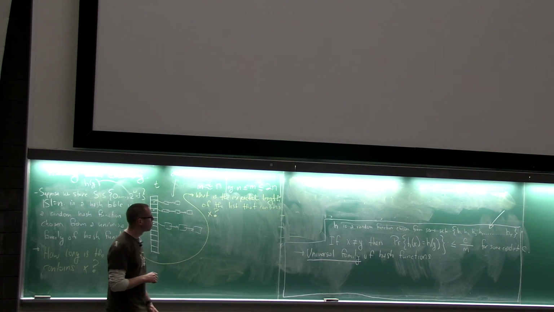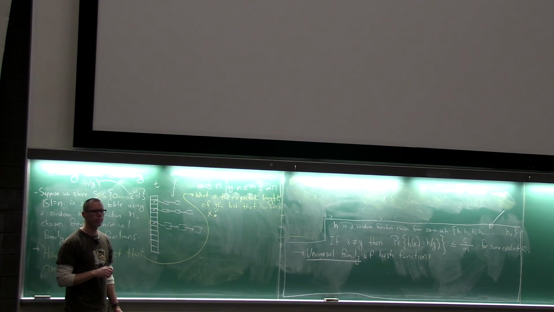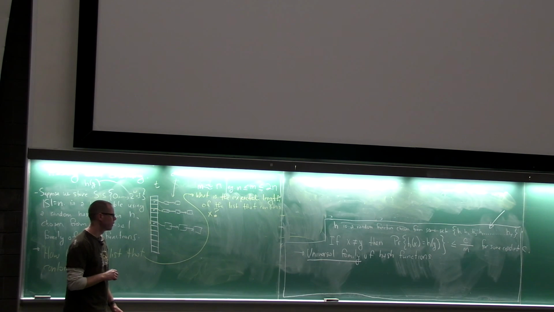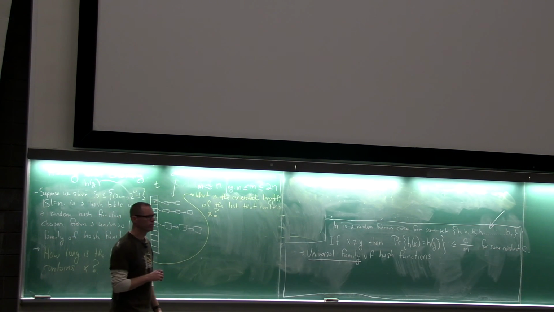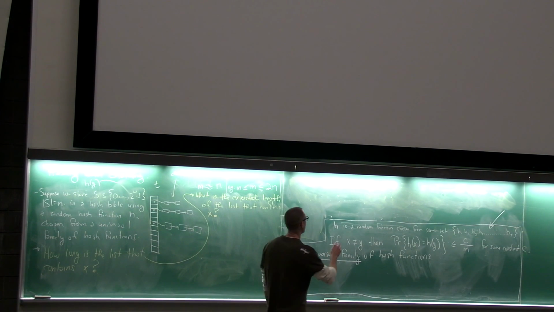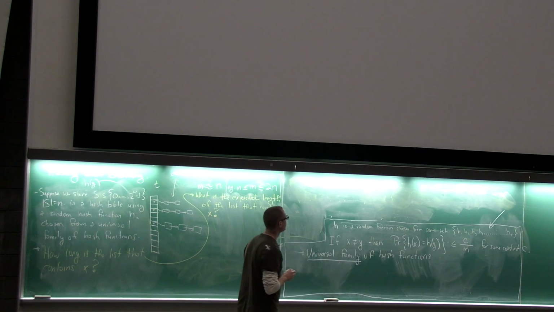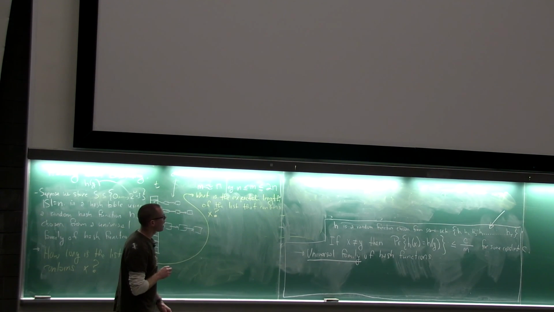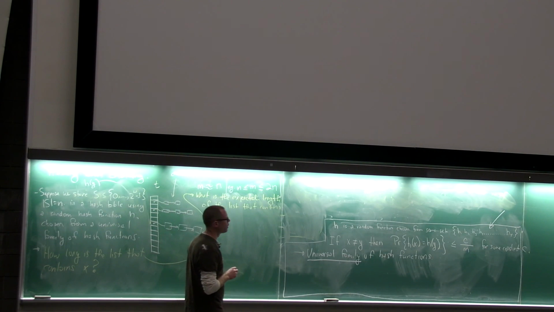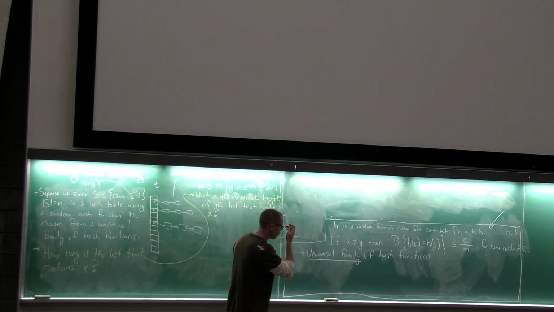So what is your guess, first of all? How long would you guess that this list is? So n over m. That's a good guess. The guess is n over m, because that's the average length of a list, and hopefully these universal families behave like the average.